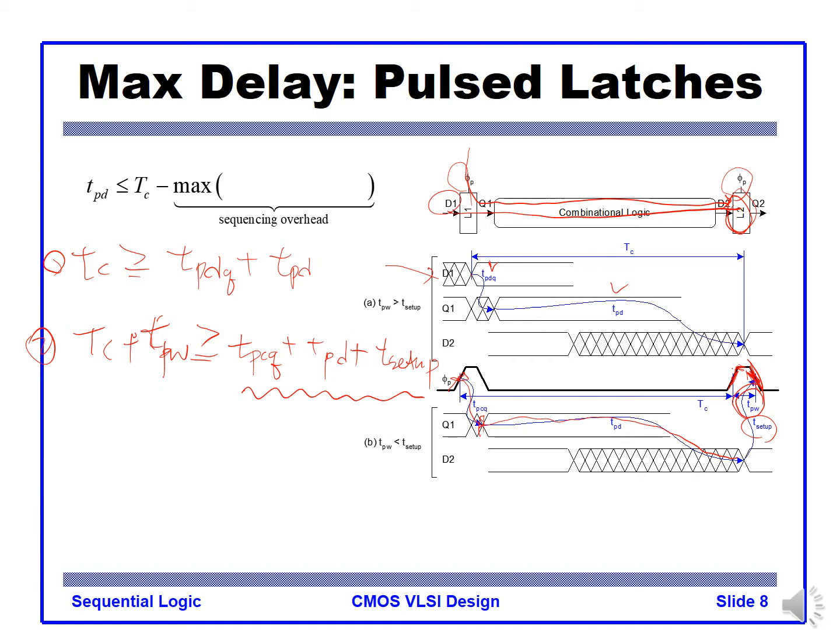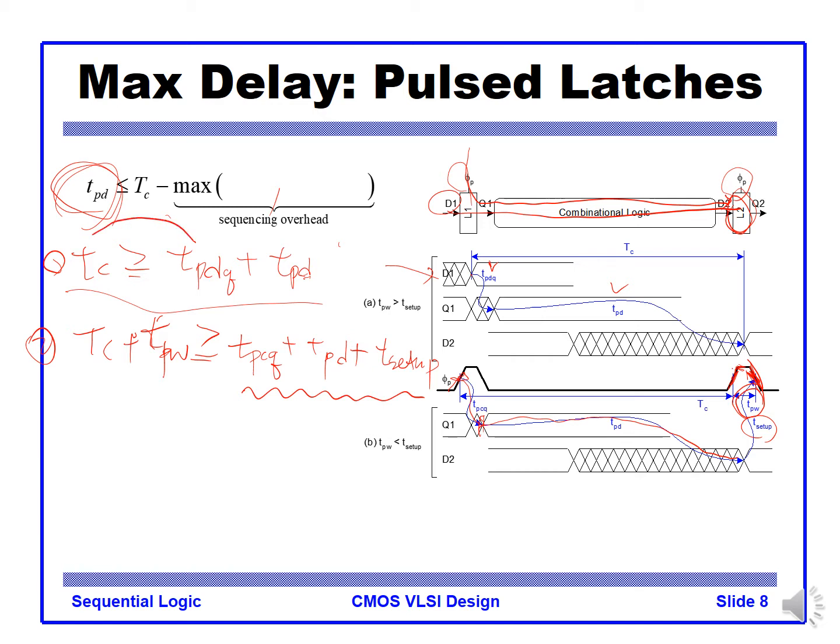So we choose between those two: the minimum propagation delay, or the worst case propagation delay should be set by the maximum of those two cases. So TPD, we can find that in the next slide.